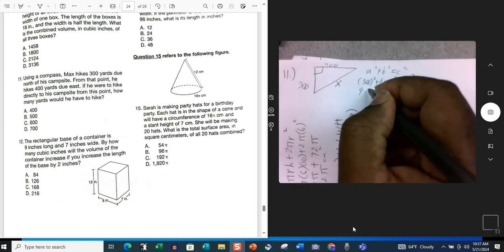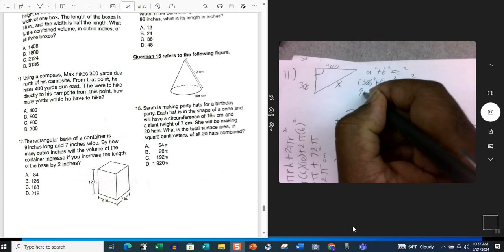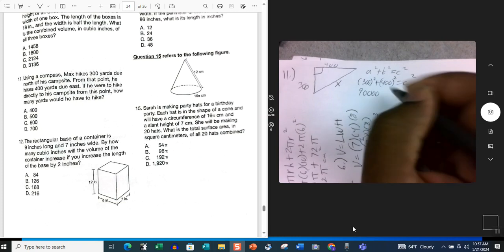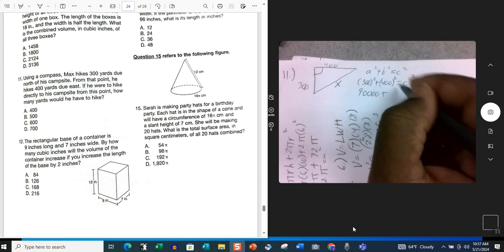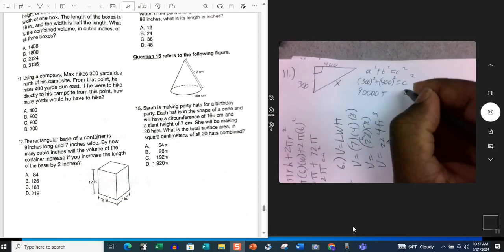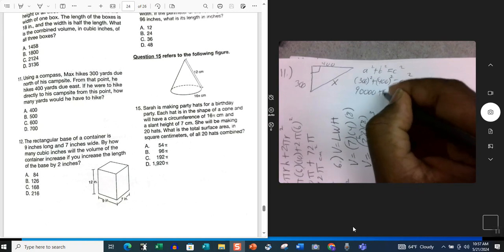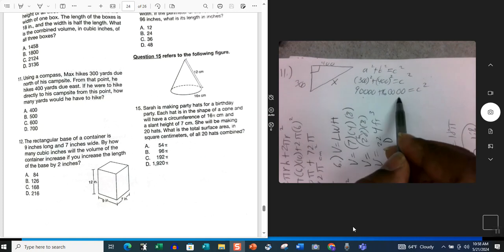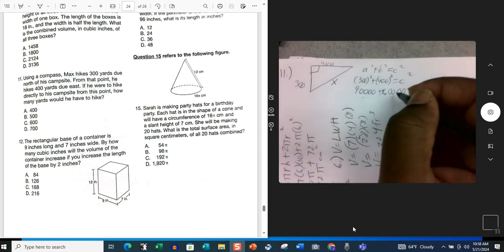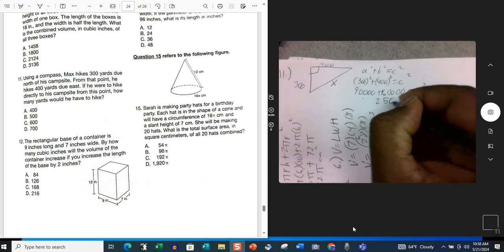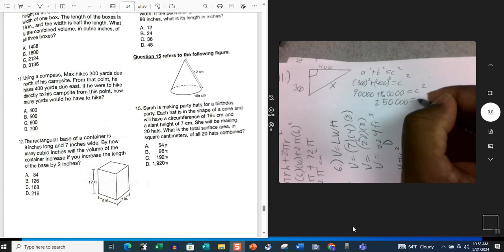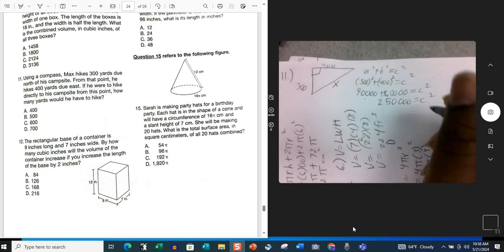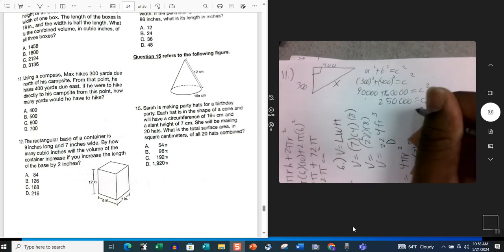So this would be, what's that, 90,000 plus, let's see, 160,000 is equal to c squared. 90,000 plus 160,000 would be 250,000 equals c squared. Now we would take the square root of both sides.